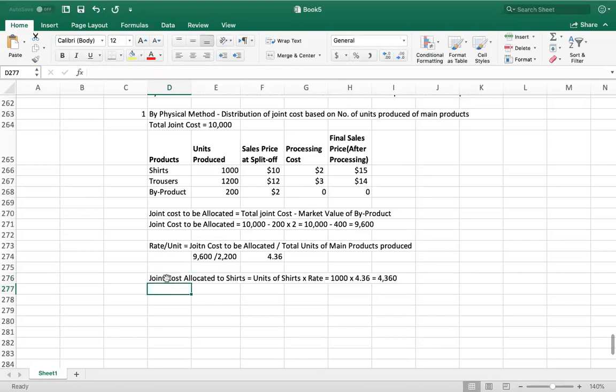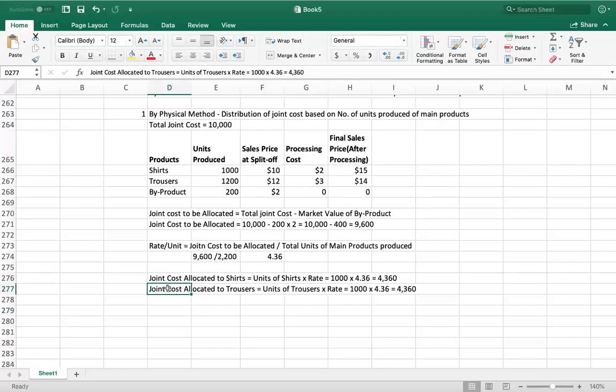In the same way you can allocate cost to trousers. The joint cost allocated to trousers is equal to units of trousers multiplied by the same rate.